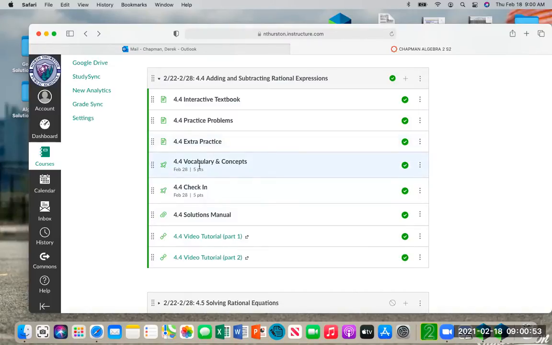So have your book out, read through the book, be looking for that information that's in the vocab and concepts. And then the check-in, of course, the solutions manual here, I always recommend you have that open while you're doing the practice problems. And then my video tutorial, if you need it, feel free to open that up, watch the whole thing, or watch a piece of it. If you just want to watch the practice problems being worked out, you can watch the video tutorial part 2. It's really up to you.